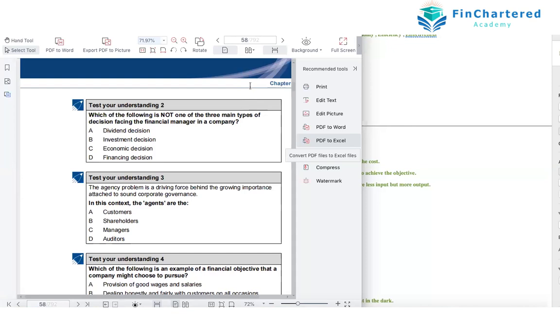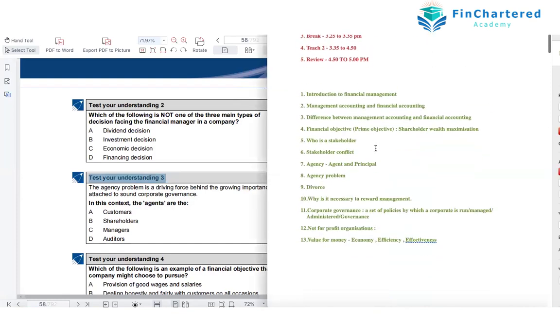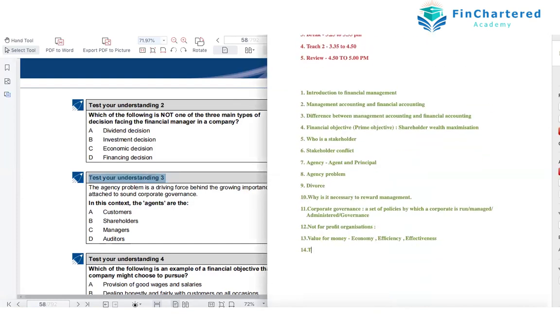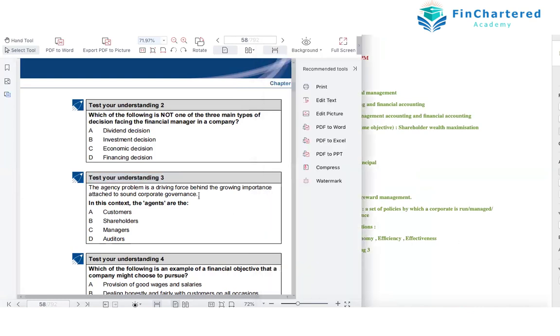For example, let's look at test your understanding 3. So we looked at value for money, and now we're looking at test your understanding 3. The agency problem is a driving force behind the growing importance attached to sound corporate governance. Your agents are, who are the agents? Managers.